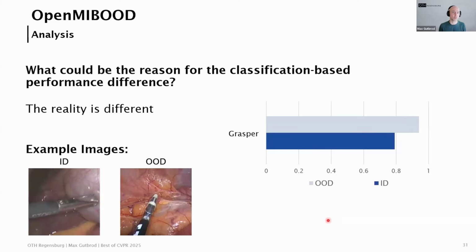But if we look at images where there is an unknown instrument present, for example the near-OOD images that we saw earlier, we can see that the probabilities for these unknown instruments are even higher than for the ID images that show the Grasper instruments. So not every time, but a lot of times there's an unknown instrument, the model assigns a high probability to the Grasper class.